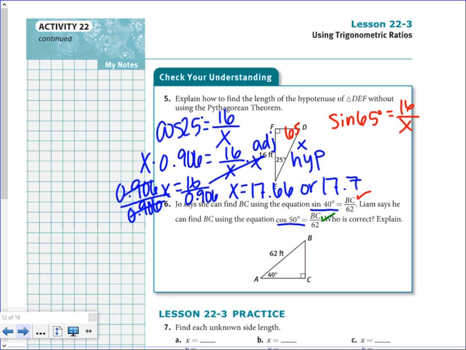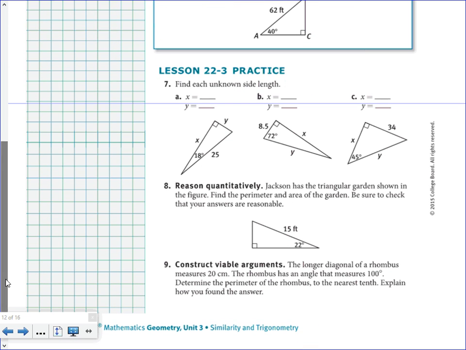So now let's look at number 7, some of the practice problems. We want to find both x and y. So you got to pick. Are you going to solve for x or y first? I am, on these, only going to use the angle that they gave me, but it is perfectly acceptable to find the other angle and then use it. So if you want to find that angle, you can.